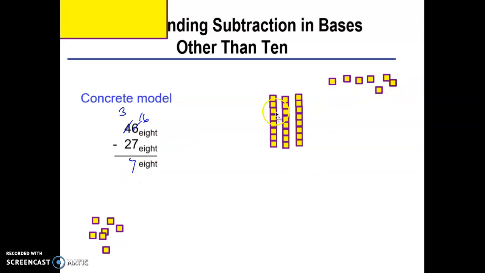And then for my longs, I had 3 right there after I regrouped, right? And I want to remove 2. 1, 2. And so I have 1 long remaining. So 46 base 8 minus 27 base 8 gives me 17 base 8, which I can see there as the answer in my block.